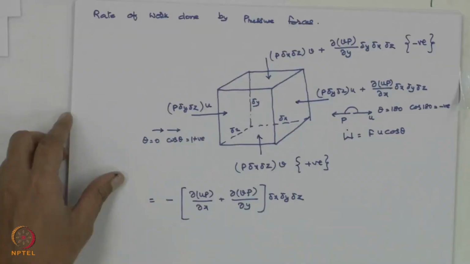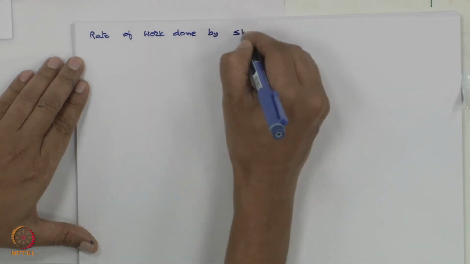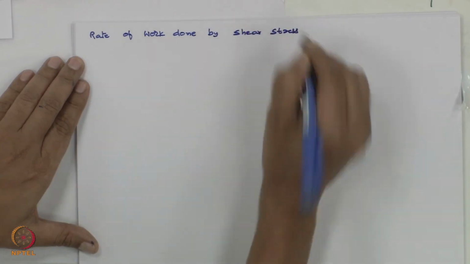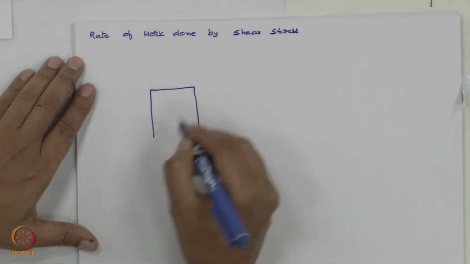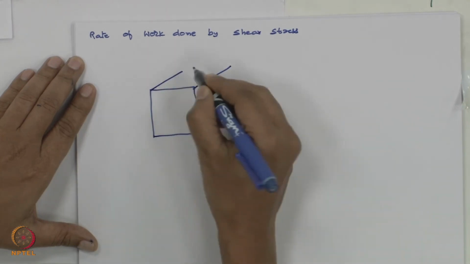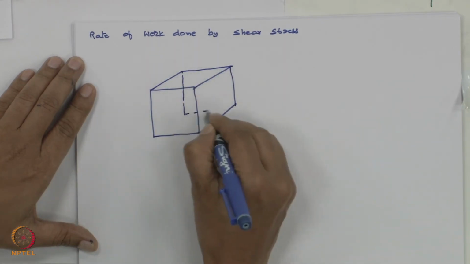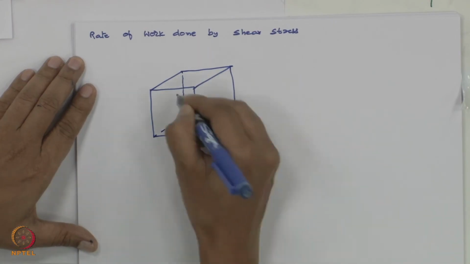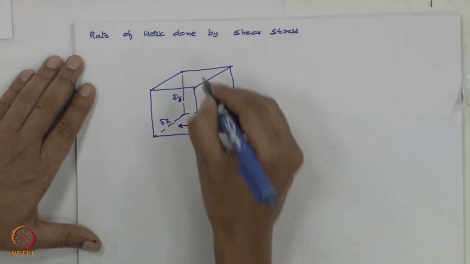Now let us take up the rate of work done by shear stress. If I draw that, delta x, delta y, delta z, you have the shear stress acting in this direction.